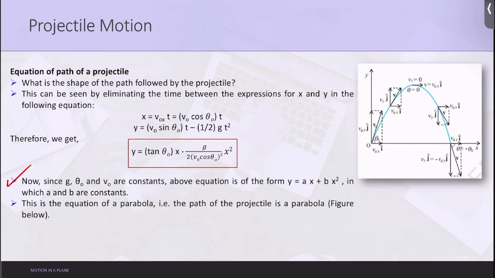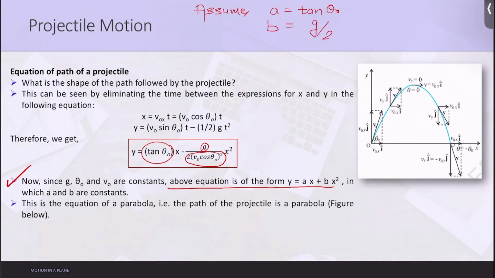Now, since g, theta naught and v naught are constant, this complete thing is also a constant. So the above equation is of the form, we assume A is equal to tan theta naught and B is equal to g by 2 into v naught cos theta naught whole square.